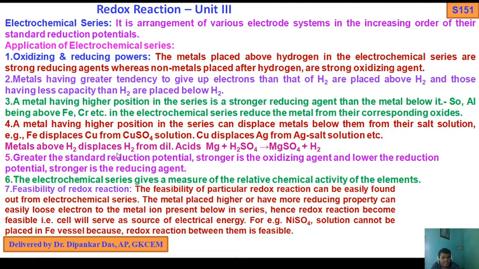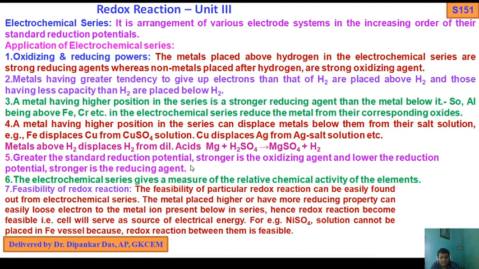So Fe displaces copper from copper sulfate solution, and copper displaces silver from silver salt solution. Metals above H2 displace H2 from dilute acids, like Mg plus H2SO4 gives magnesium sulfate plus hydrogen.